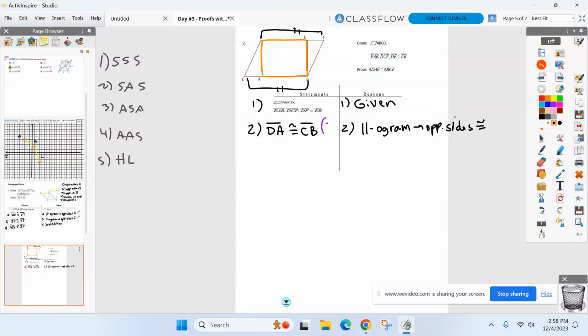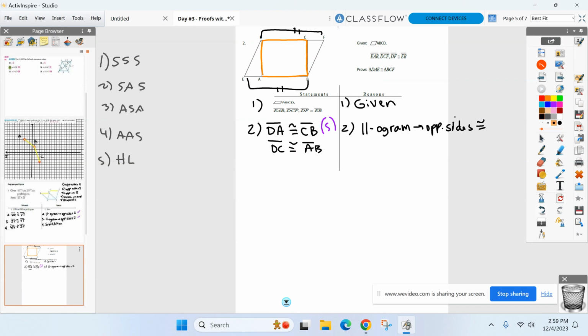That gives us a pair of sides in those triangles. In the same step, I'm also going to go and say the other pair are congruent as well. DC and AB. Now, am I going to put an S next to that? Heck no, I'm not. Those aren't sides in the triangles, but they are going to get me sides in the triangles.